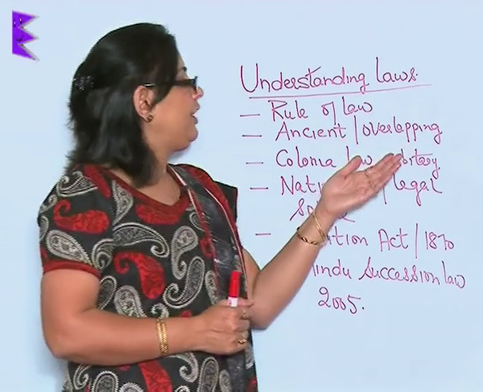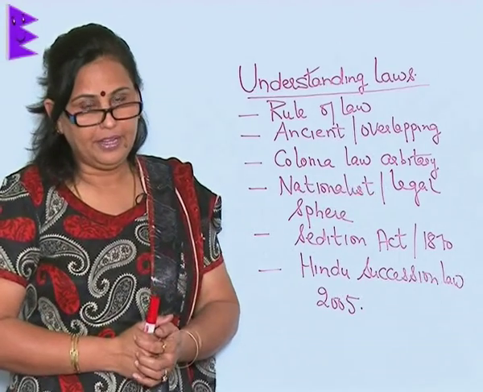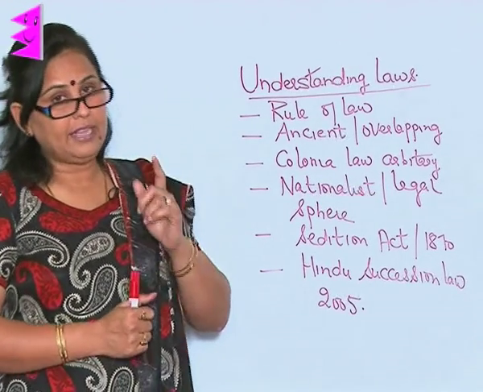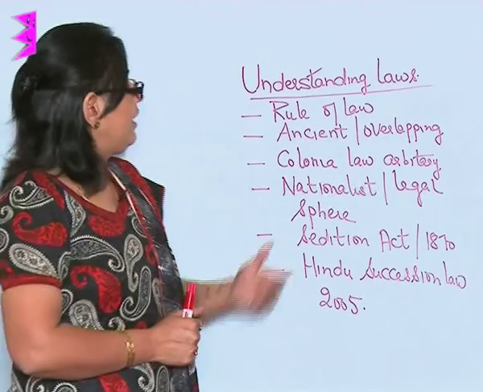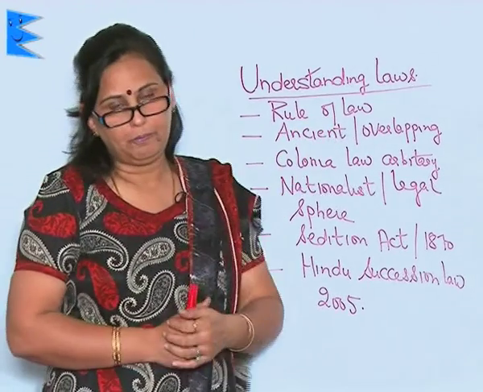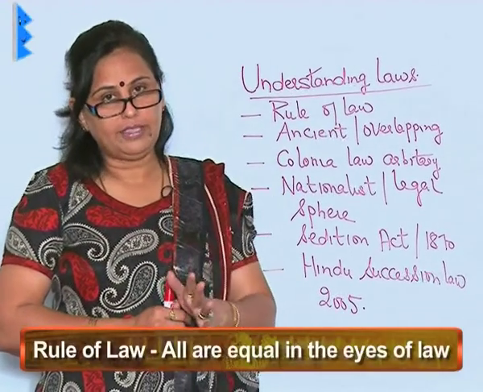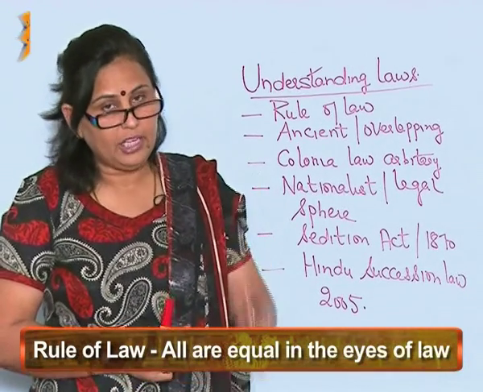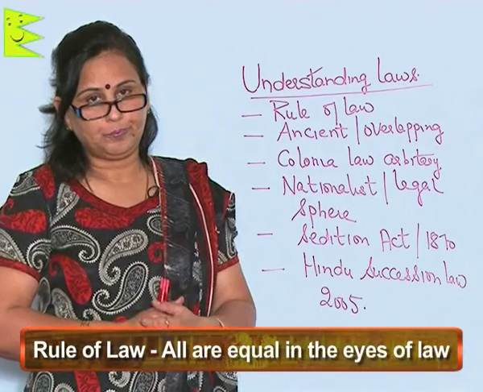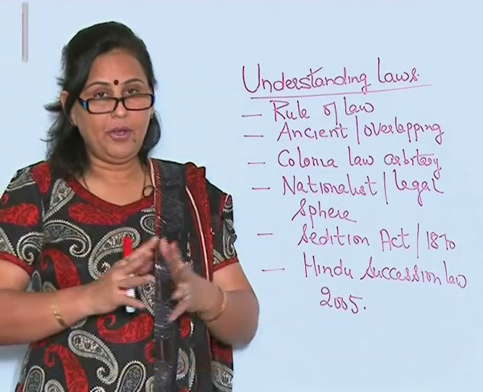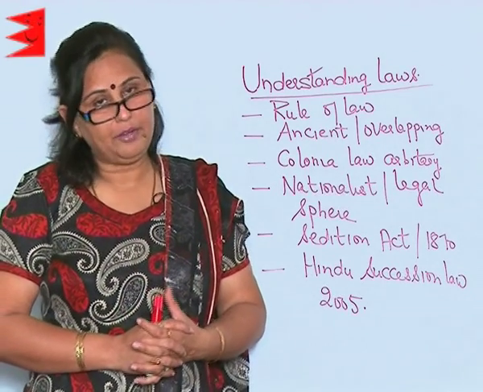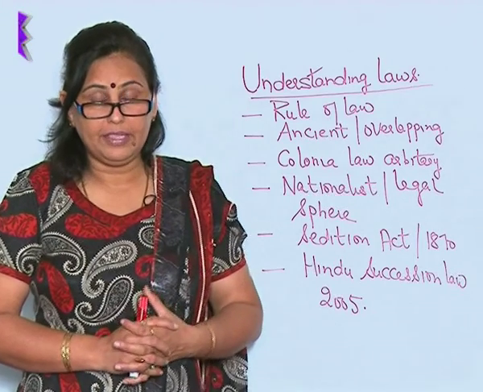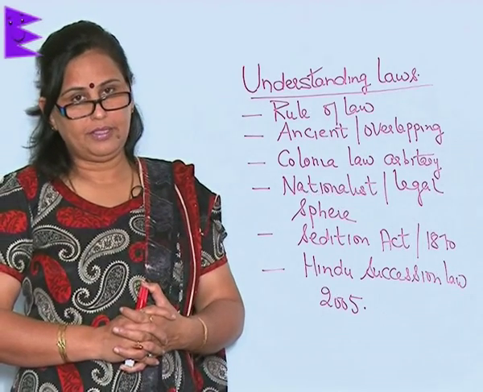If I talk about the laws of the country, then the first thing that you have to understand is the rule of law. The rule of law simply means that all of us are equal in the eyes of law, and for any kind of crime that we do, we are going to get the same kind of punishment.